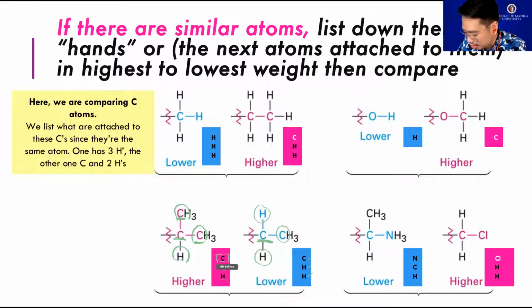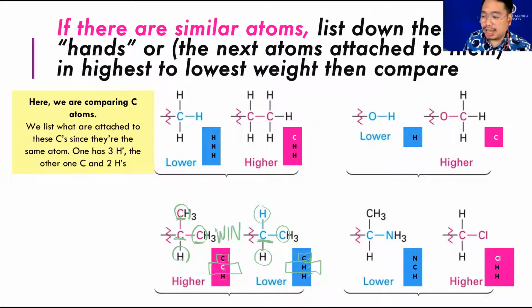Round one, carbon in pink, carbon for the blue side. It's a tie. So what do we do? We move down to the next game. Round two, carbon for pink, but hydrogen for blue. We have a winner. Pink wins, gets the higher priority. Okay.